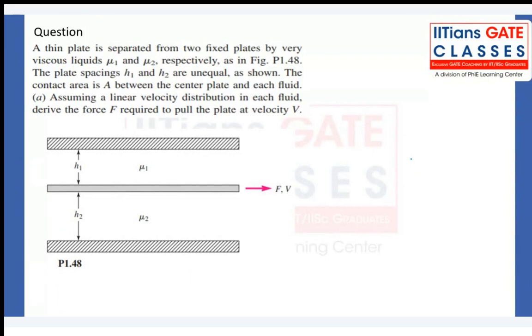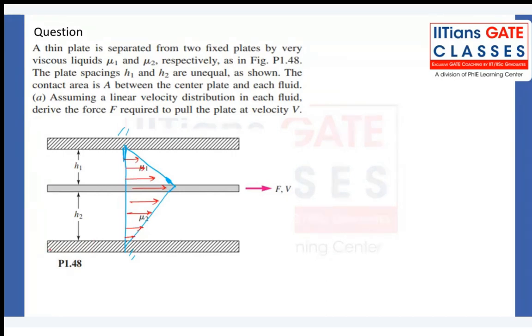It's a very simple one, right? Here, the bottom is fixed. So what will be the velocity profile? The velocity profile will look something like this. Here, what we have done: a thin plate is separated from the two fixed plates by the very viscous liquids mu1 and mu2 respectively, as shown in the figure.